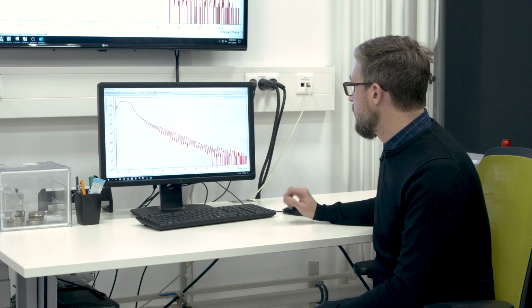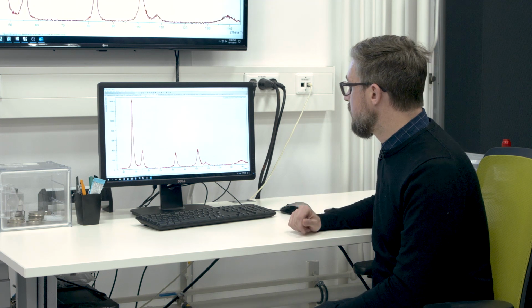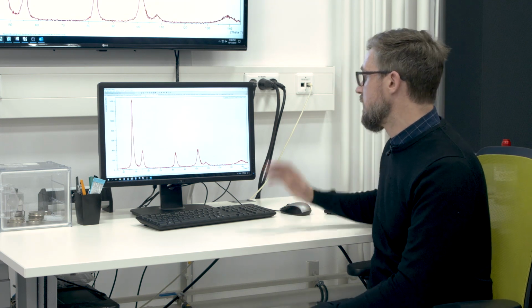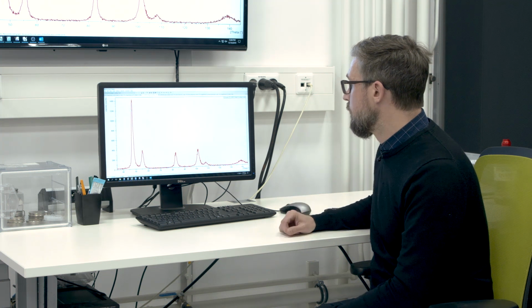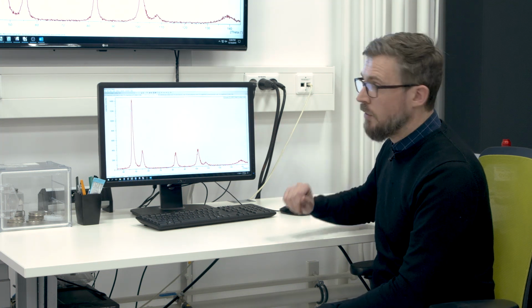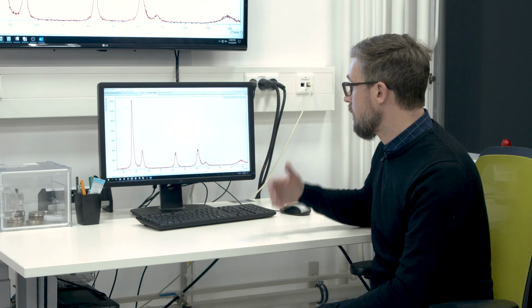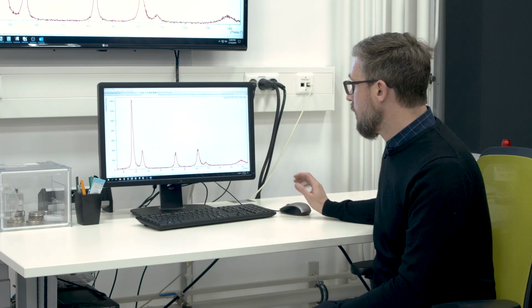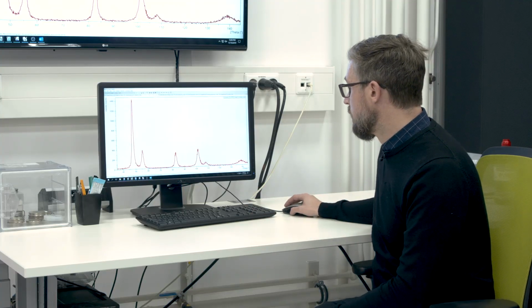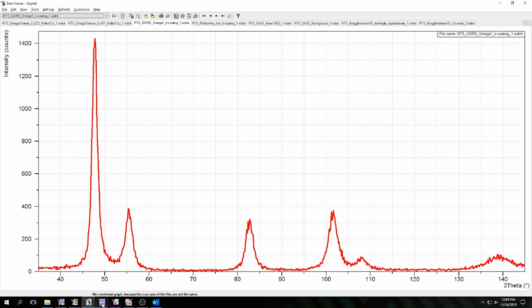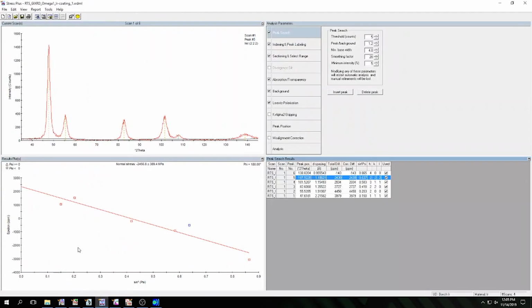So the next data set is the grazing incidence scan that I collected on the same iridium coating. And from this kind of data, you could also do a phase analysis. However, what I would like to show you is that you can derive residual stress information inside the coating from this type of data, and this is what I've done here.